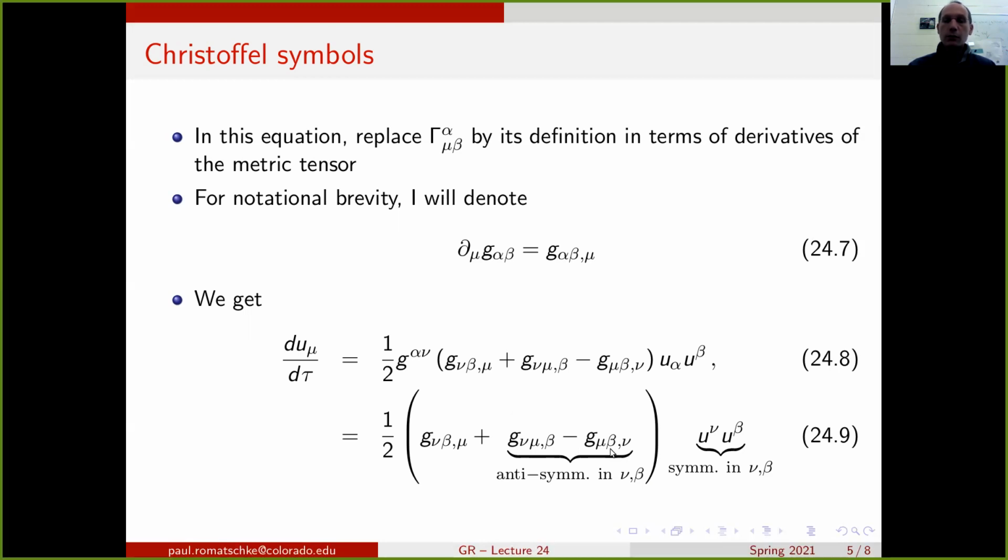So if we change nu and beta, we get minus nu and beta. If we change nu and beta in this product here, we get the same. A symmetric times an antisymmetric product always annihilates to 0. So basically these two terms just drop out, and the only term that does not drop out is this first term in the equation here.